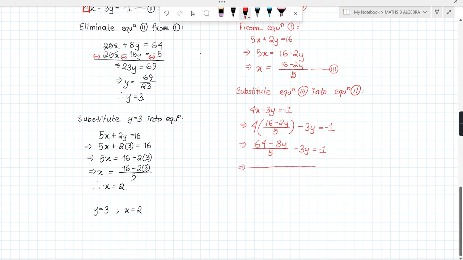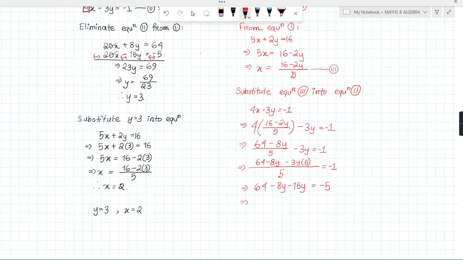So the LCM of 5 and 1 would be 5. The 64 minus 8y doesn't change, but 3y will be multiplied by 5. Then we shift the denominator 5 to the right-hand side, where it multiplies with minus 1, and you finally get 64 minus 8y minus 15y is equal to minus 5.